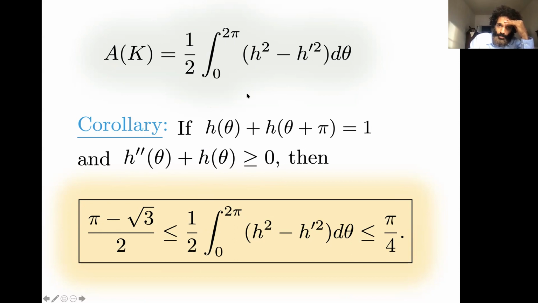Then it's possible to argue directly. It's actually easy to argue about the upper bound. Once I have this condition, the average of h is equal to 1/2, and then you can use something called Wirtinger's inequality. It's a classical inequality, equivalent to the isoperimetric inequality, which isn't surprising because we use Brunn-Minkowski. The upper bound usually you can find a multitude of ways. The lower bound is tricky.